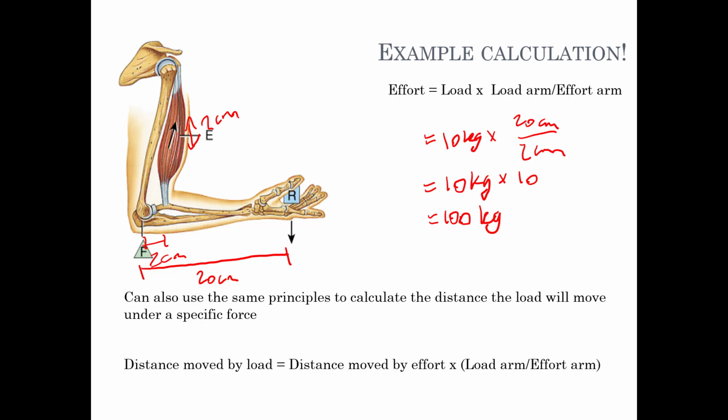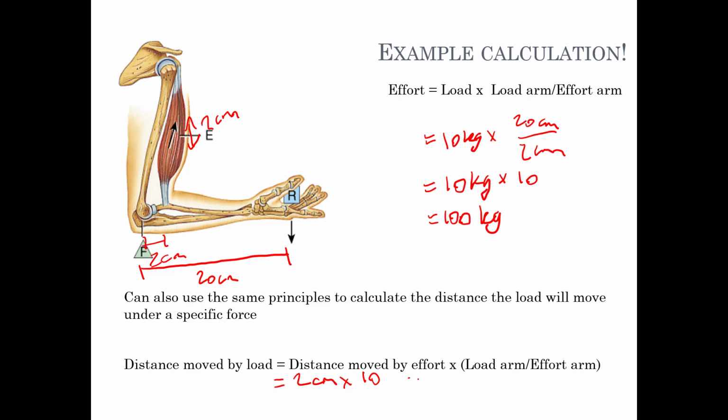If our biceps brachii muscle contracts by 2 centimeters, that's the distance moved by the effort. Multiplied again by our load arm divided by effort arm, which is 20 centimeters over 2 centimeters. I'll just input the value of 10 there.